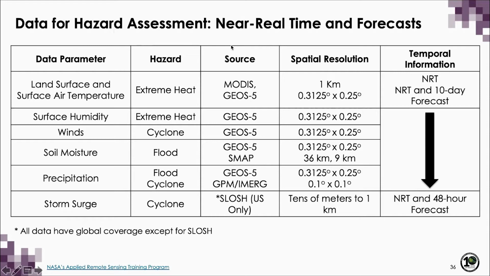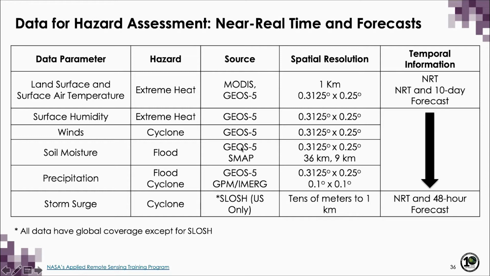This brings us to near real-time and forecast data. Once you know hazard assessment from past data, that information can be applied to a hazard that is occurring in real time or one that is approaching, which you know from forecast, and that helps you with better preparedness. The same data sets are listed here for these hazards. MODIS is available in real time.